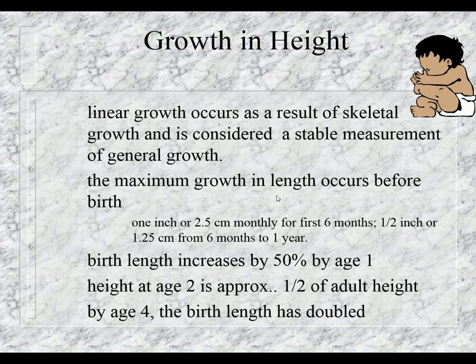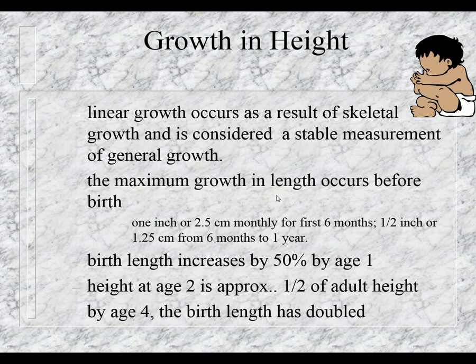So if you think about that, 1 inch for every month for the first 6 months is 6 inches, and then 1/2 inch for every month for the next 6 months is 3 inches. When you add that together, they should grow about 9 inches in the first year. And that's minimal, so close to a foot.